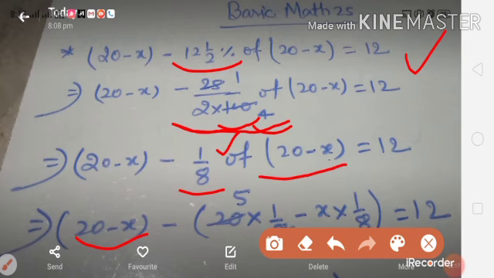So we multiply, because you know that we do the function of multiplication. Inside the bracket we have to multiply both 20 and x. So we write here 20 minus 20 into 1 by 8 and x into 1 by 8.